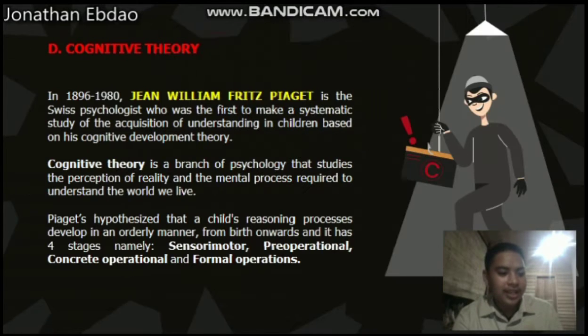The next one is the cognitive theory. Jean Piaget, 1896 to 1980, the Swiss psychologist, was the first to make a systematic study of the acquisition of understanding in children based on his cognitive development theory. Cognitive theory is a branch of psychology that studies the perception of reality and the mental processes required to understand the world we live in.